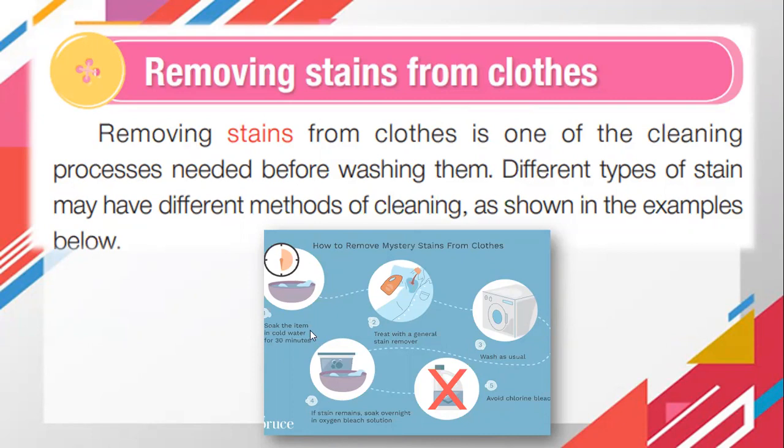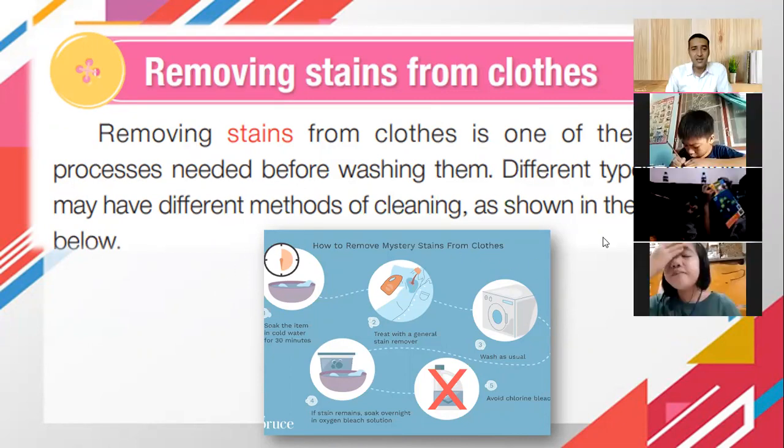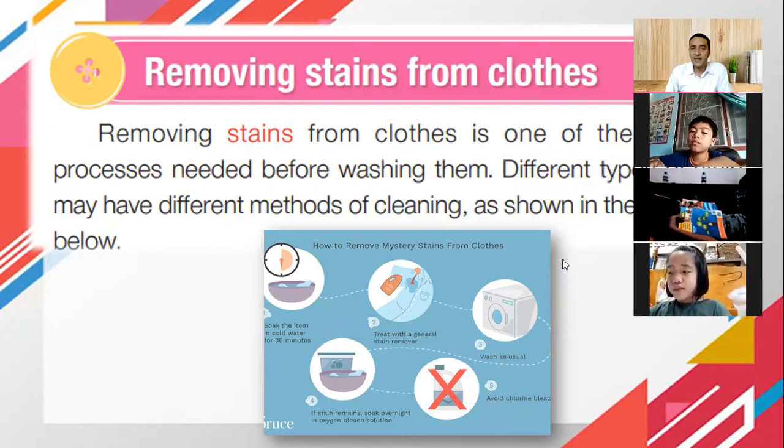Okay, so here you can see in the picture the method. So how we can remove, okay? First of all, how to remove menstrual stain from clothes. So menstrual stain, how are we going to remove it? We have four different steps we have to follow.